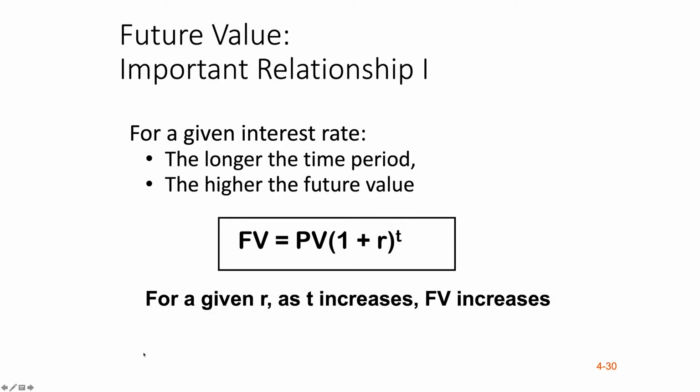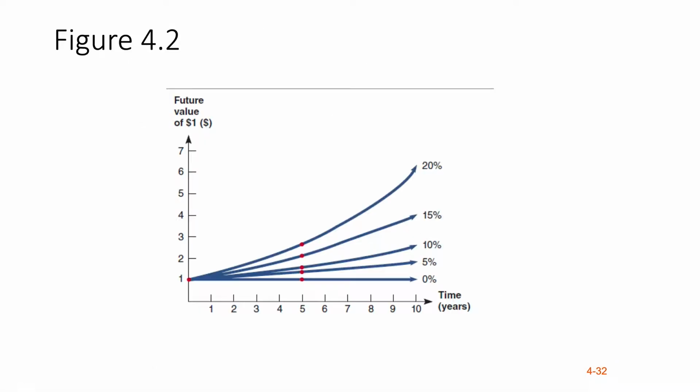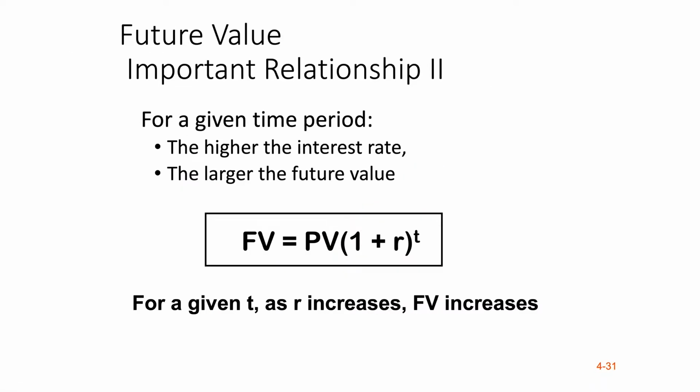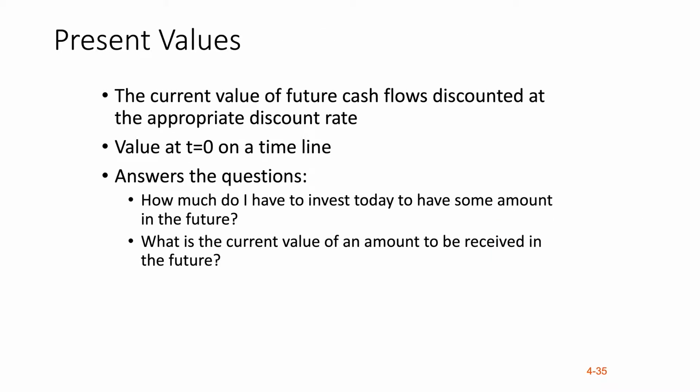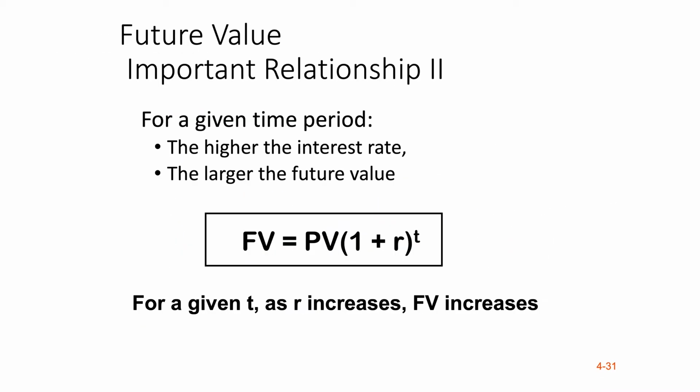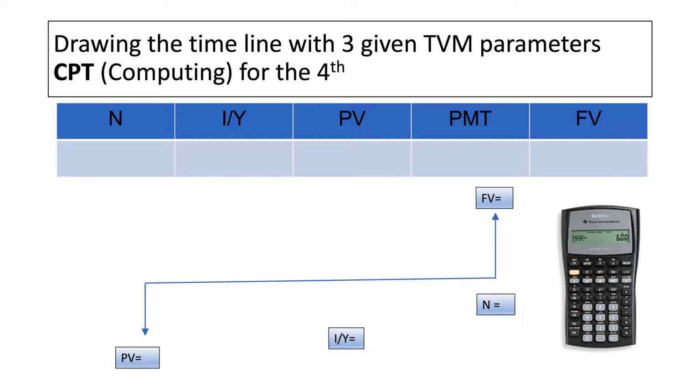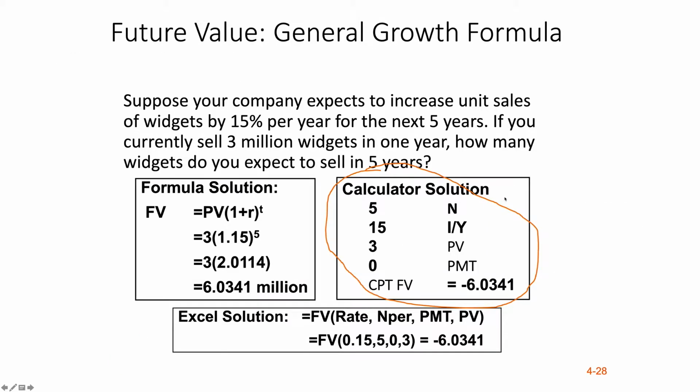Where is it? $3 million, so you're solving for future value. The solution I show you is 6 million something, right? All right.